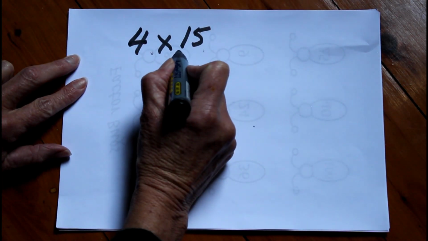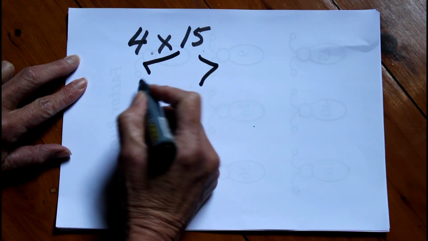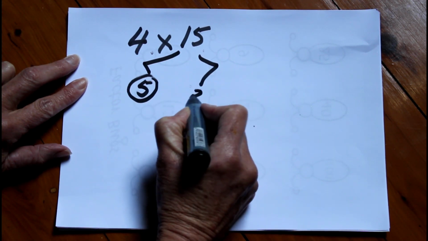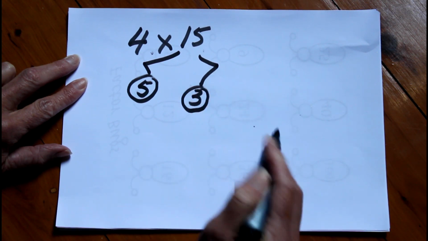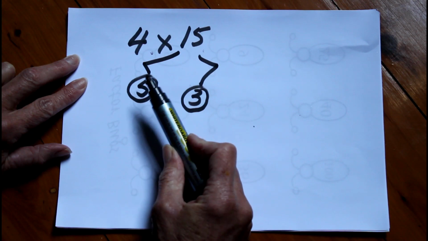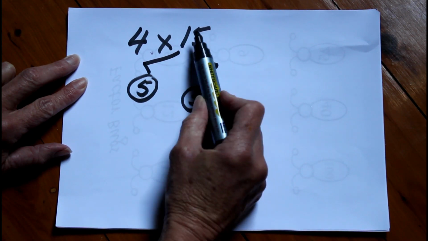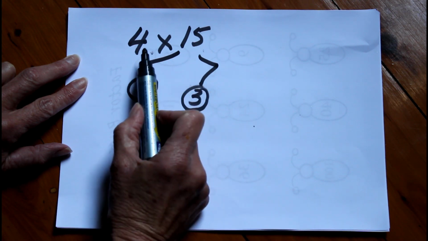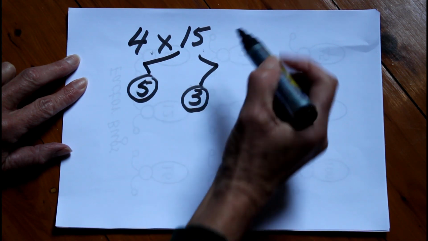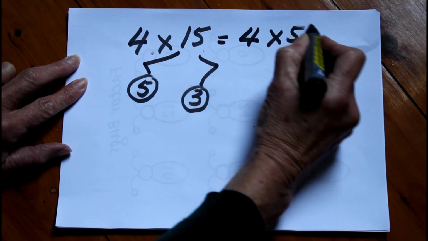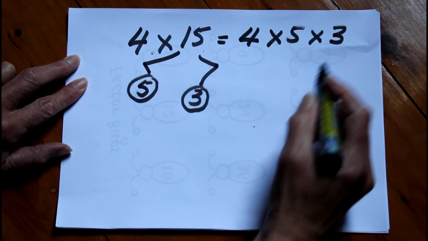So let's do factor bug legs for 15, and I'm going to do 5 3s because I know 5 3s are 15. And if you remember what I said before, it's really good to find factors that are 2, 5 and 10 from a number because they're good, easy things to multiply with. So I've got 4, 5 and 3. I'm going to rewrite this again: 4 times 5 times 3.